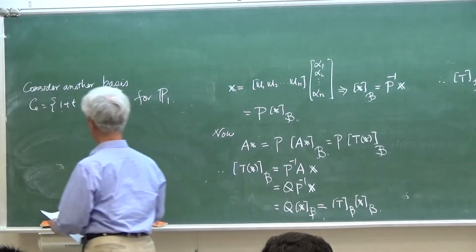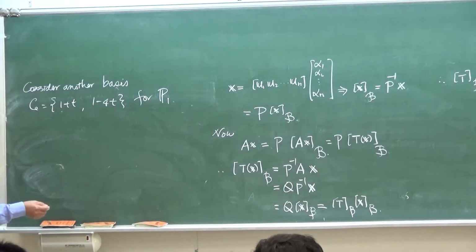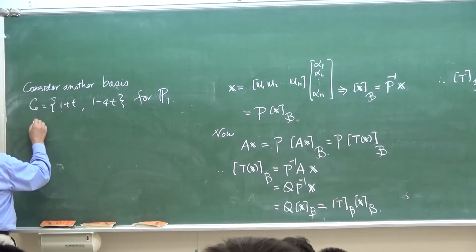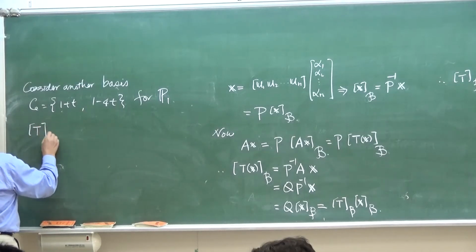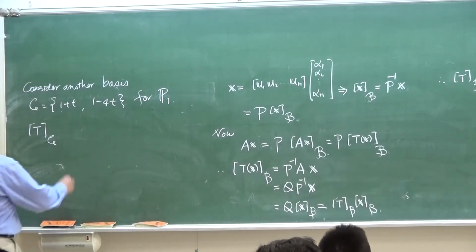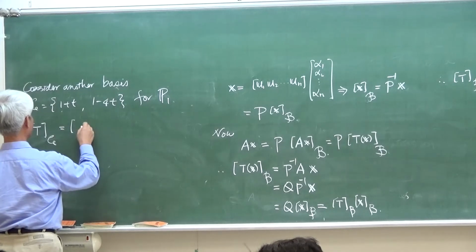Okay, so now you want to find the matrix of T relative to C. This is what I want to know. And by our formula, what is that?